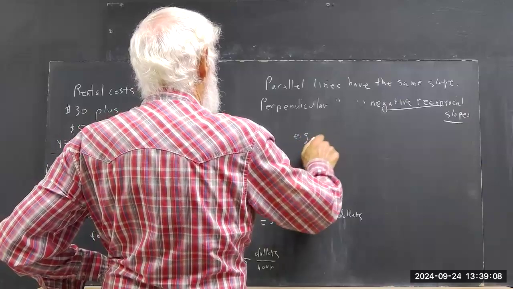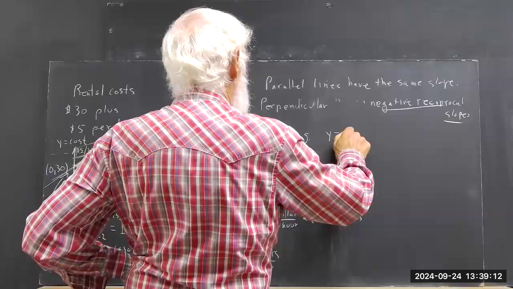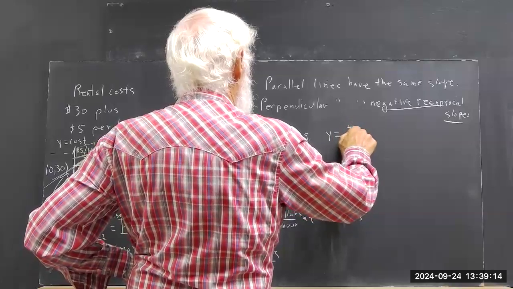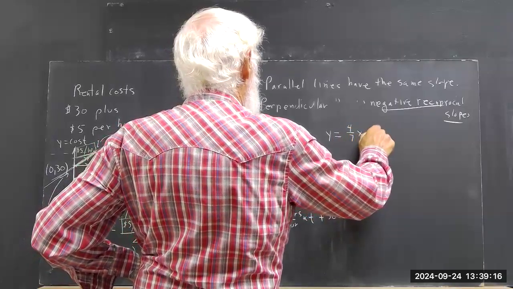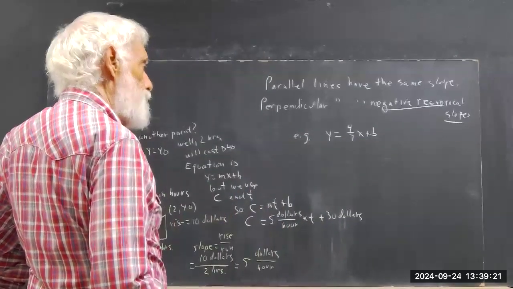For example, you've got y equals 4/7 x plus b.